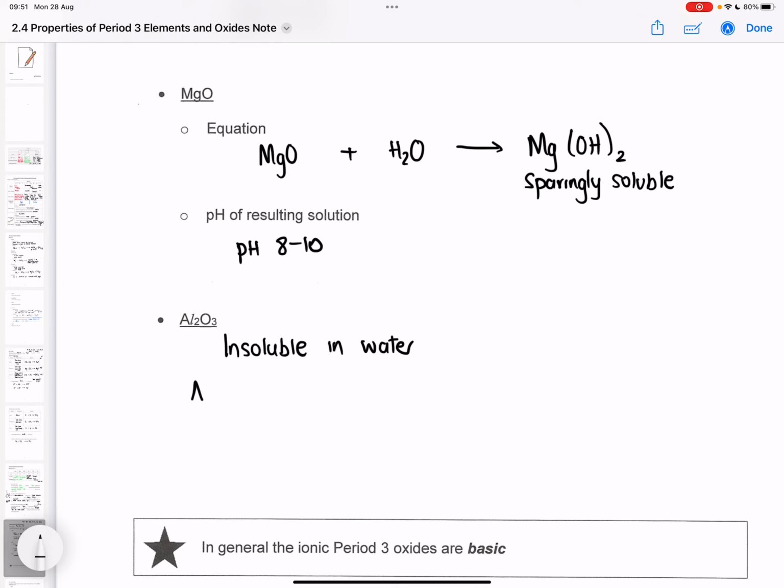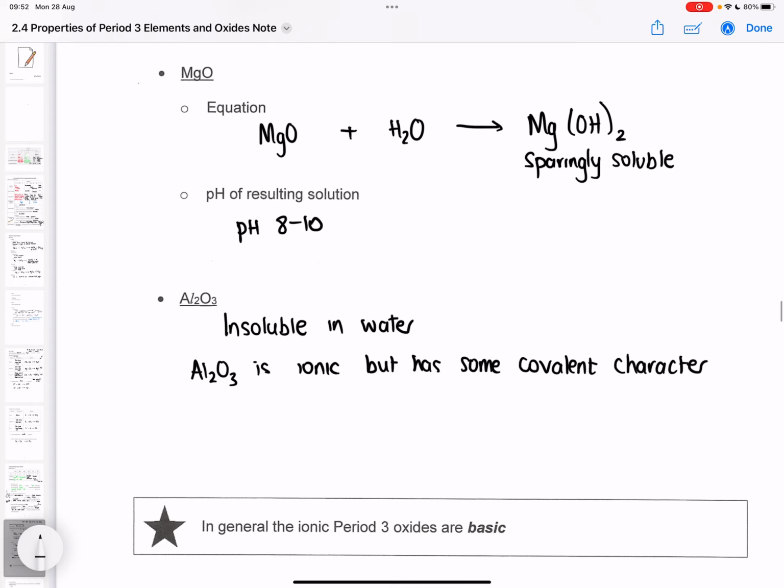That's because aluminium oxide is ionic, but has some covalent character. So although it is an ionic metallic oxide, it has some characteristics of being covalent.